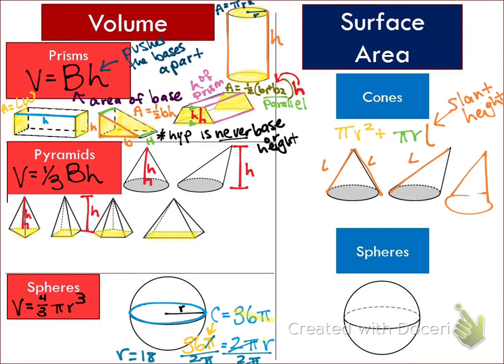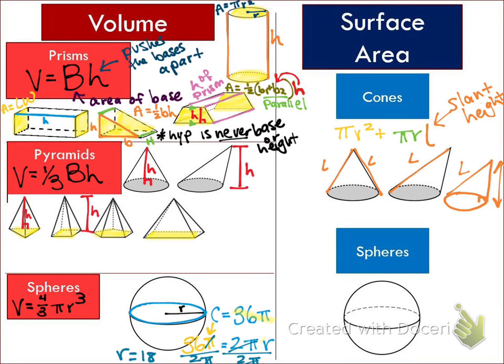If it was slanted, so still slanted, but made like a right angle with the ground, this is not technically a right cone. Because the vertex of the cone, which is this top point, needs to be above the center. This would still be slanted, but if this were a perfectly vertical line, this would be the slant height. But I think that both of these are slanted on this one. So that's why either of them could be the slant height.